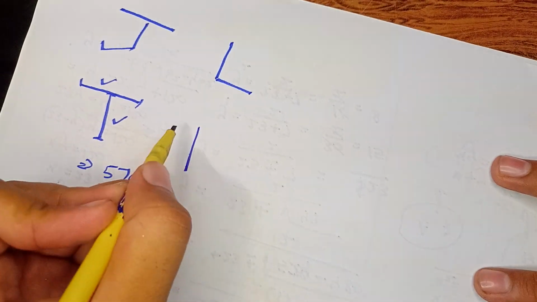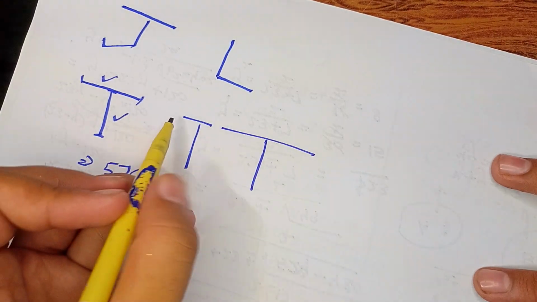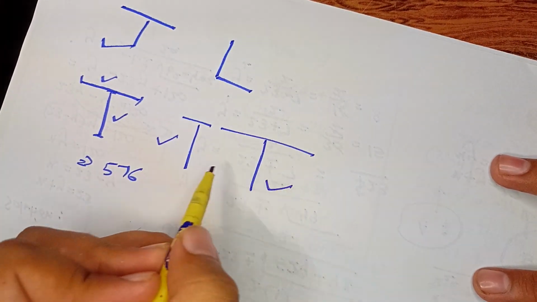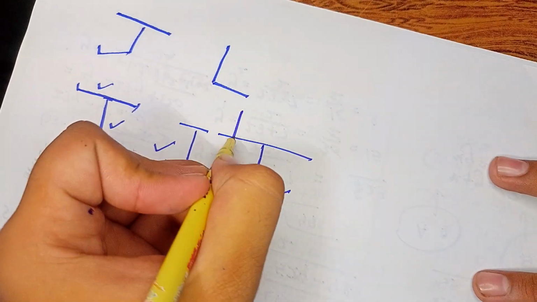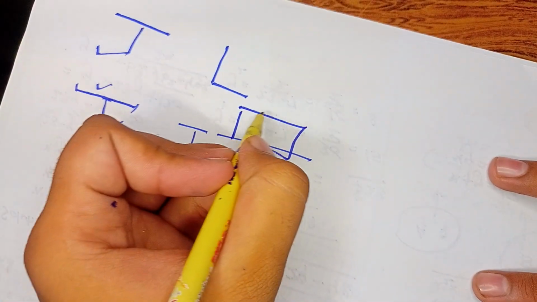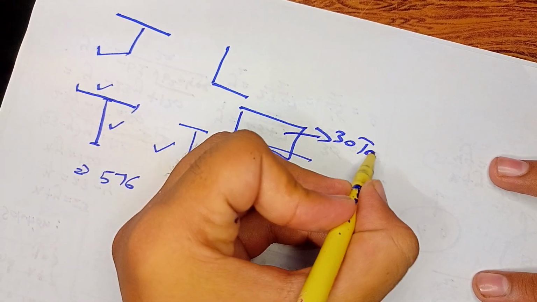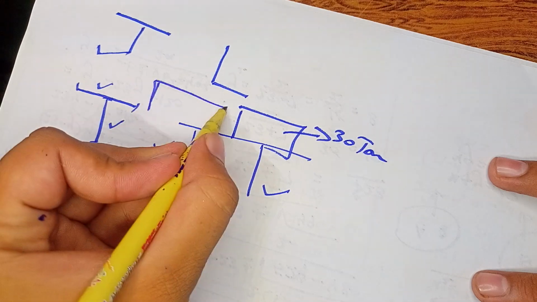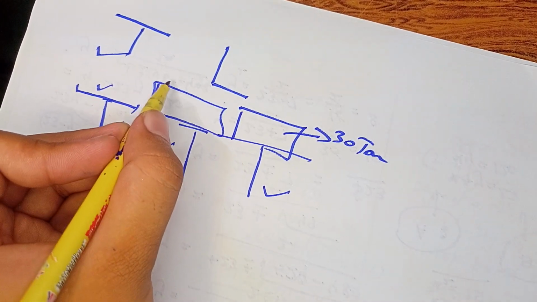Suppose this is our beam, which type of beam should hold the maximum load? For example, this is our load, which is about 30 ton, and can this support 30 ton?